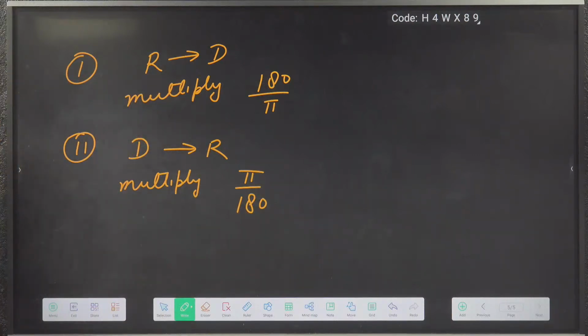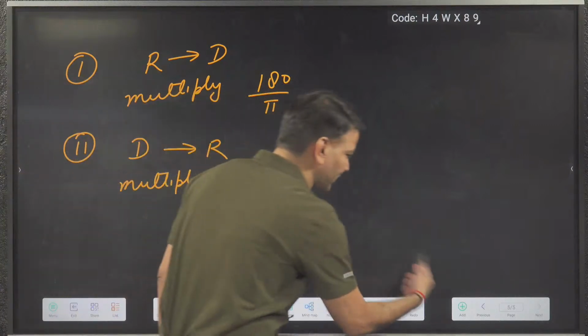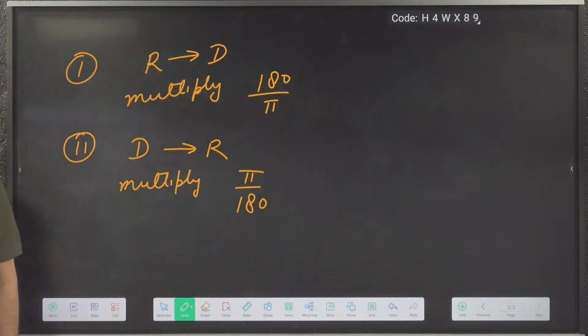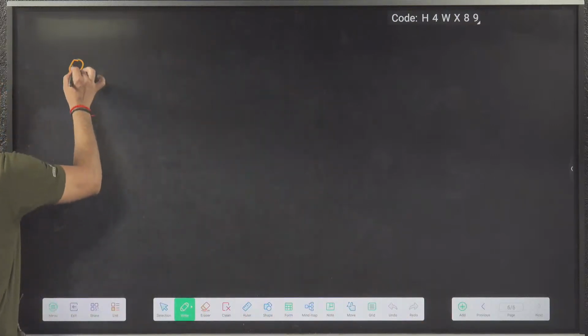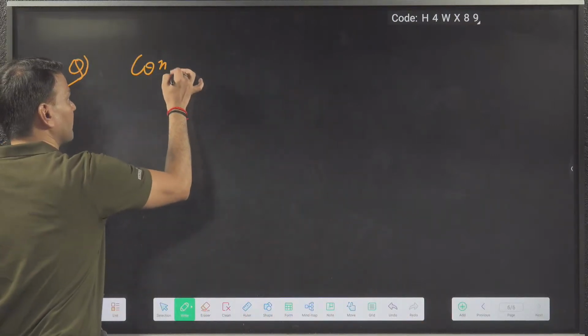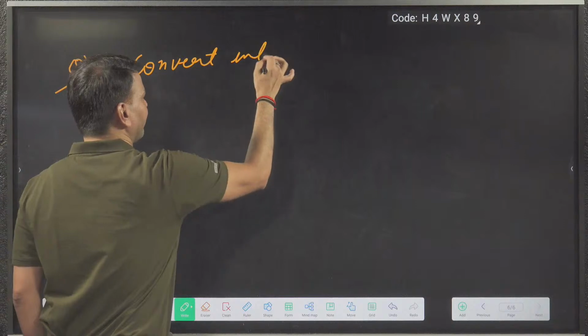Understood? Now, one or two examples you will do by using this multiplication factor directly.